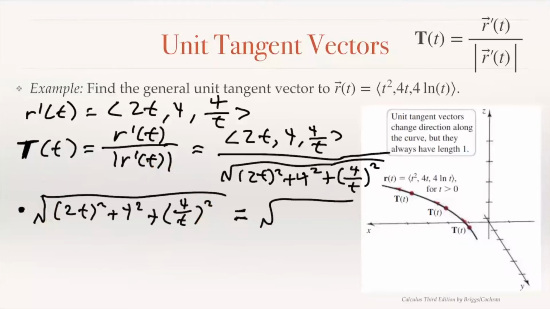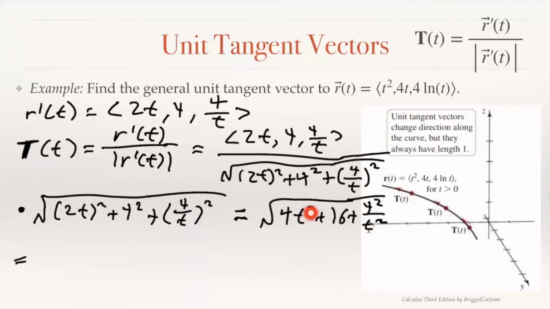Okay, so that's the square root of 4t squared plus 16 plus 4 squared over t squared. Now, if we want to get it out of the square root, well, sometimes we can't do it, but in this case, we actually can. So notice that we have this denominator of t squared. Let's make it so that everything has a denominator of t squared. So how can we make 4t squared have a denominator of t squared?